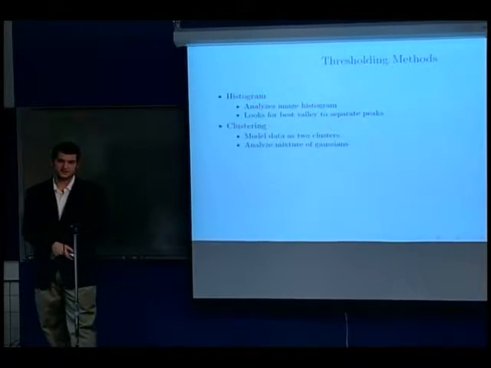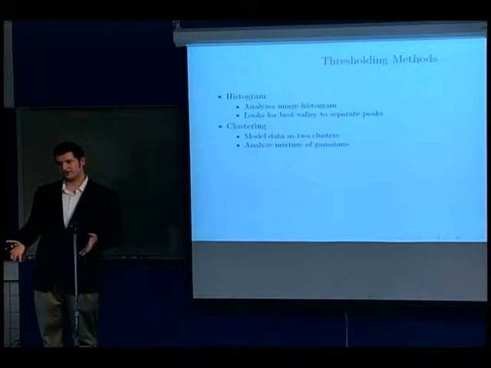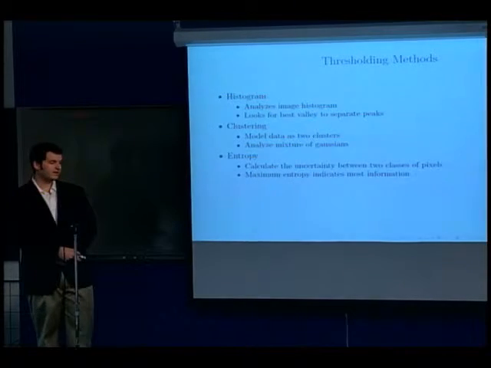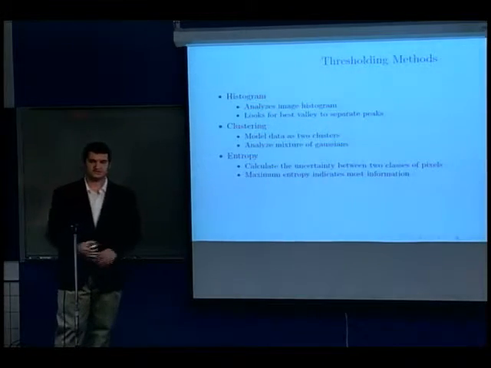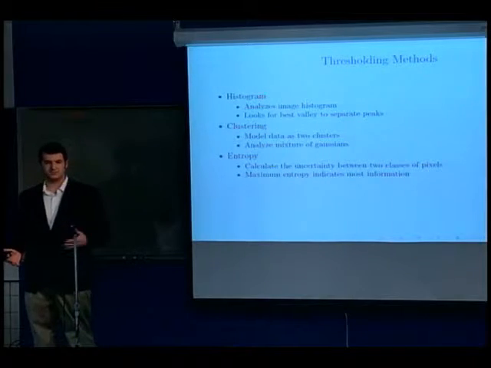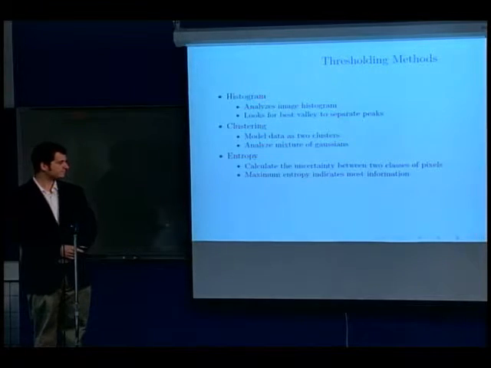Another method is clustering. Clustering will take the Gaussians of the different image data, match them, and use them to find the optimal threshold. We also use a method based on the entropy of an image, which is essentially a measure of uncertainty, and the entropy functions are maximized to find the threshold.